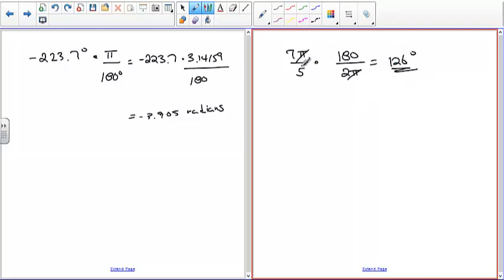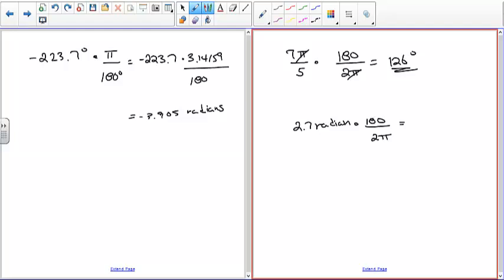So as long as these are rational expressions, some rational expression times pi. If it was something like 2.7 radians, what you would do there is you'd multiply by 180 divided by 2 pi.